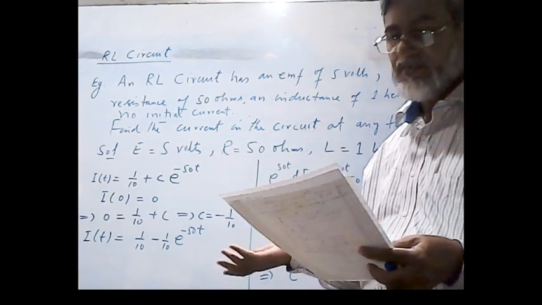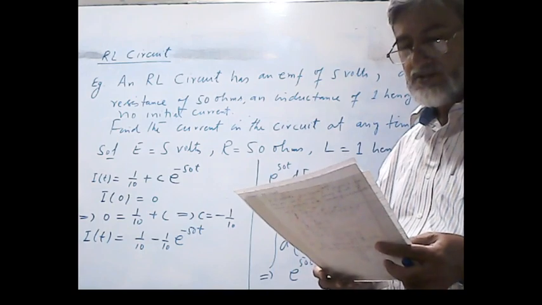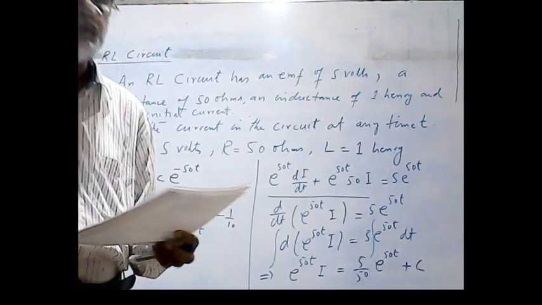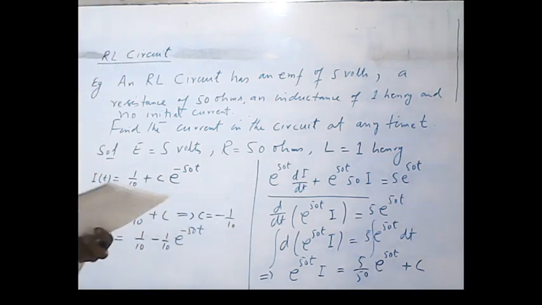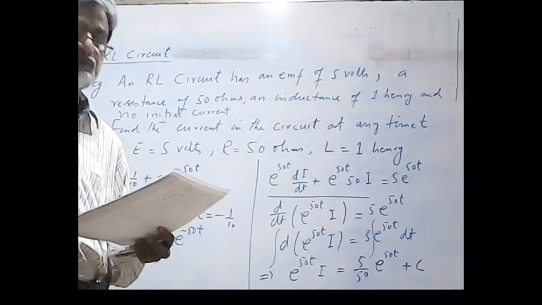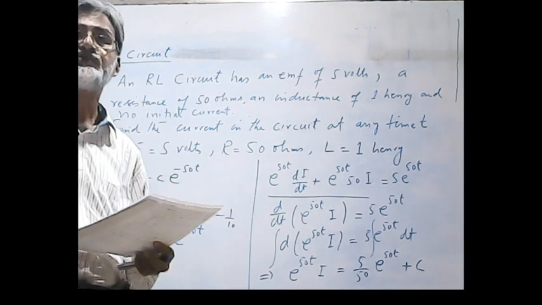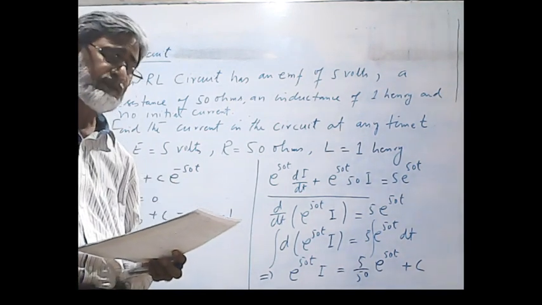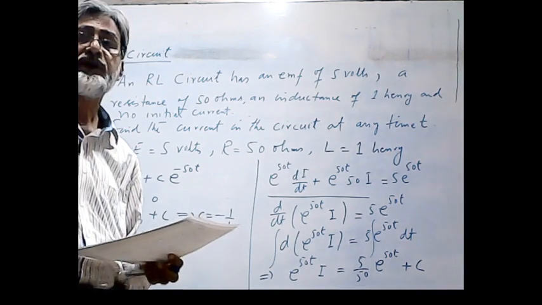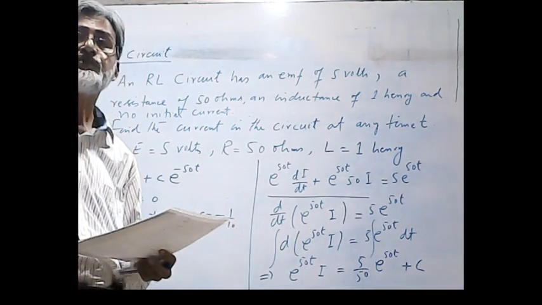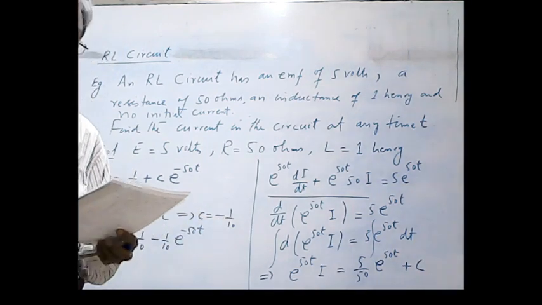So in much detail I solved this circuit, and again the three points: first is the formation of the model, second is the general solution of the model, and third is the particular example.